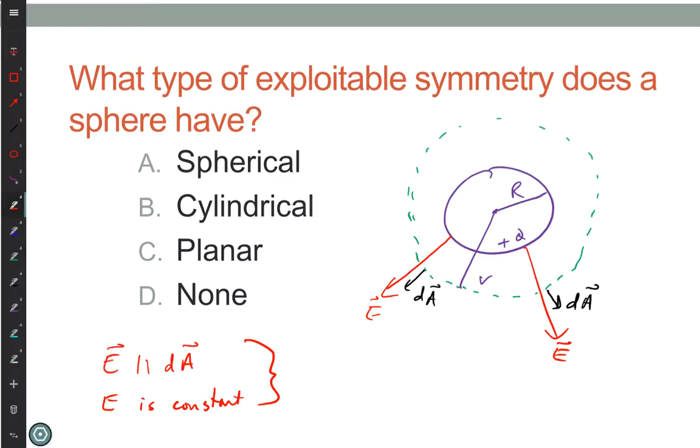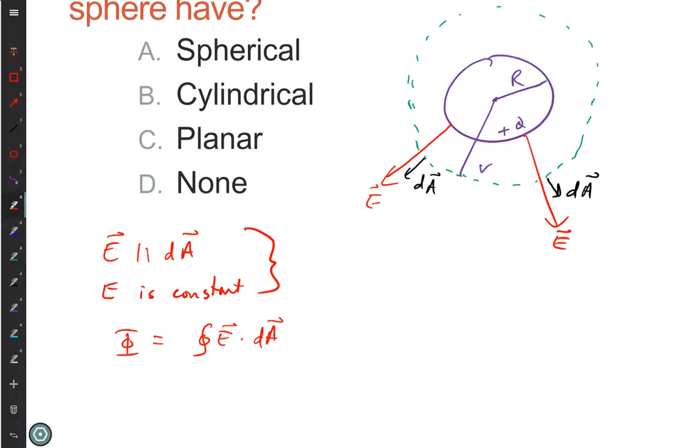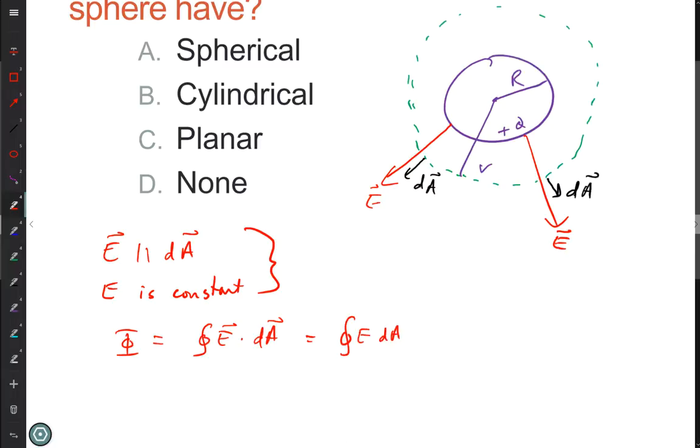So now let's calculate the flux. The flux is integral of E dot dA. But because E and dA are in the same direction, what does the dot product become? Just integral of E times dA. It'd be E dA cosine of theta, but since theta is 0, cosine of 0 is 1, it's just E dA.